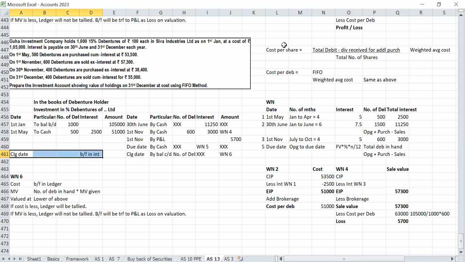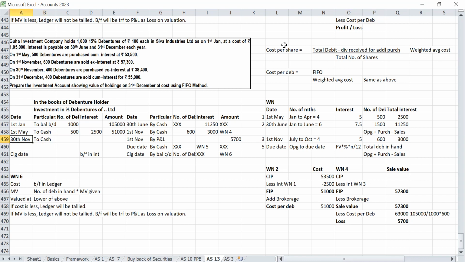Okay, next point. The sale value. Next point, on 30th November, 400 debentures are purchased, ex-interest at 38,400 rupees.